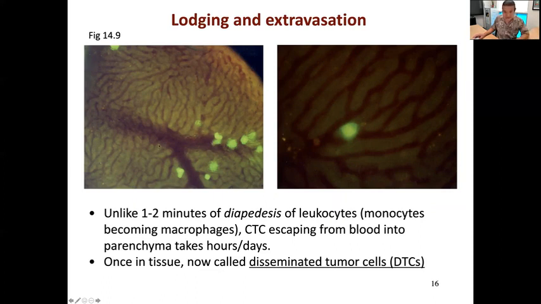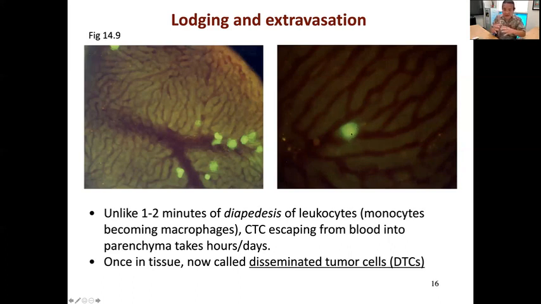You can really see that these cells were flowing down this larger arteriole, but once they get down to the level of the capillaries, they are now lodged there. They're stuck, but given some time, they make their way. Look at this one here. You can tell it has now squeezed its way out of the capillary and is in the surrounding tissue.